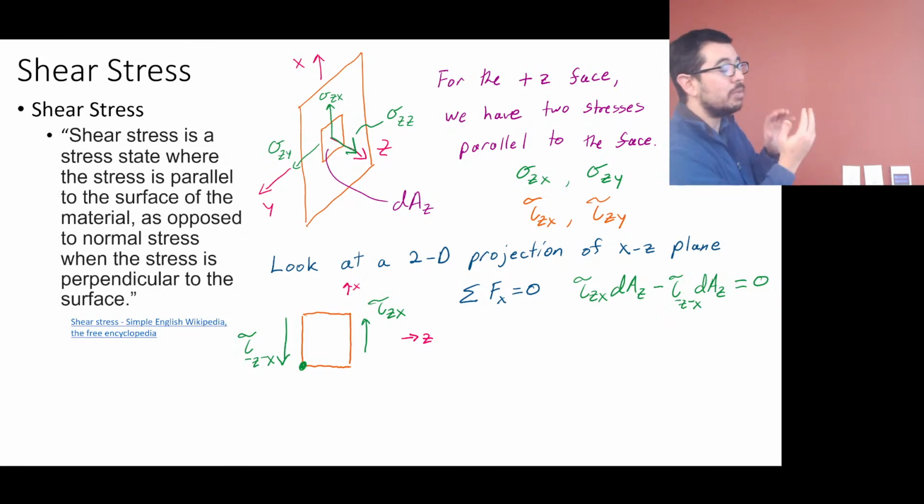But we need something to keep it from translating up. So why don't we put another force associated with tau minus z minus x? This is the minus z face, and this is in the minus x direction. So I put that minus tau minus z minus x dAz, and that's going to be equal to 0.